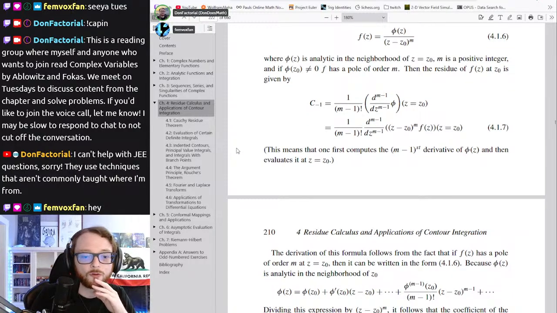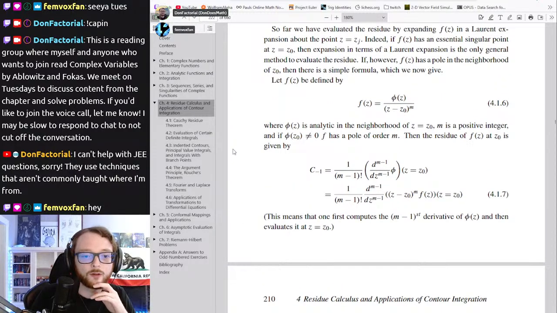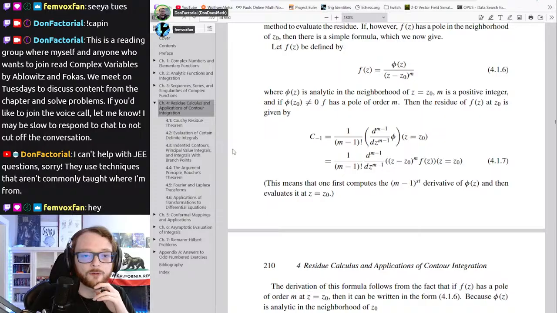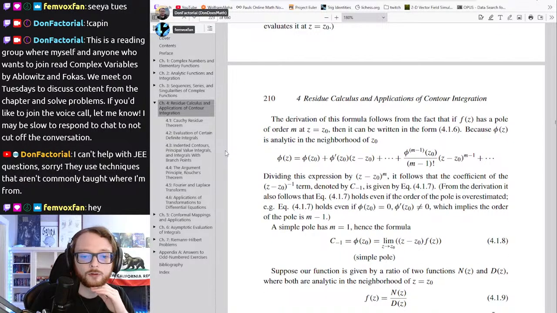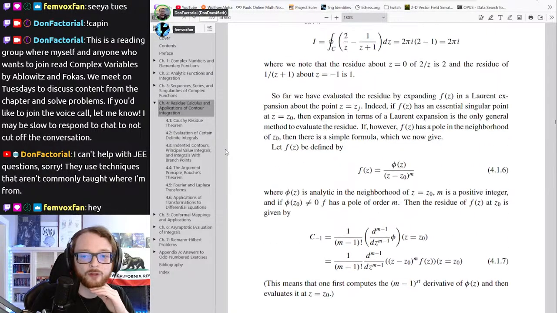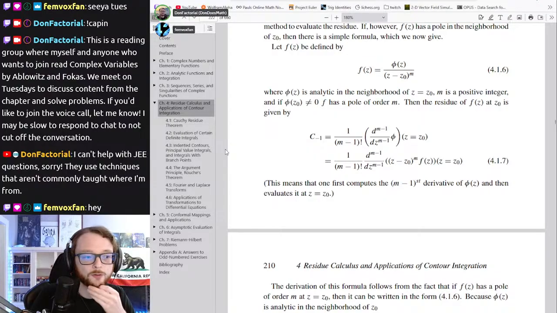And so they gave us a convenient formula to calculate the residue if it is a pole, using derivatives and based on the order of the pole. That's equation 4.1.7 on page 209.